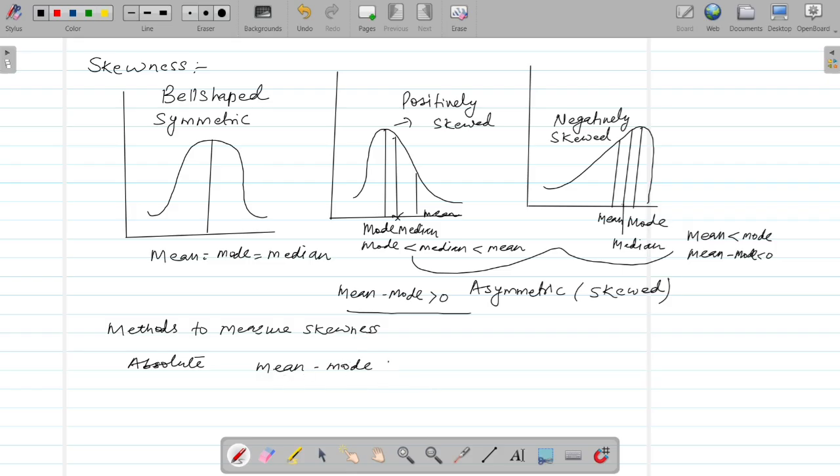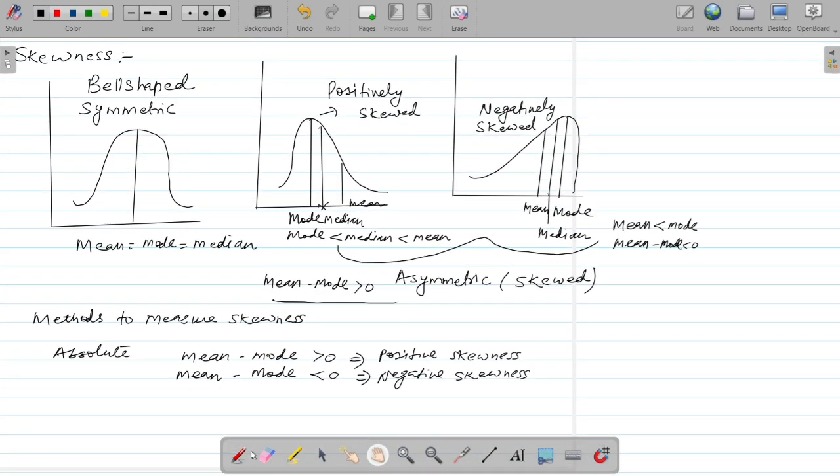If this difference is positive, then it implies positive skewness. And if this difference is negative, then this implies negative skewness, right? And the relative measure is basically used to compare the skewness of two or more data series.